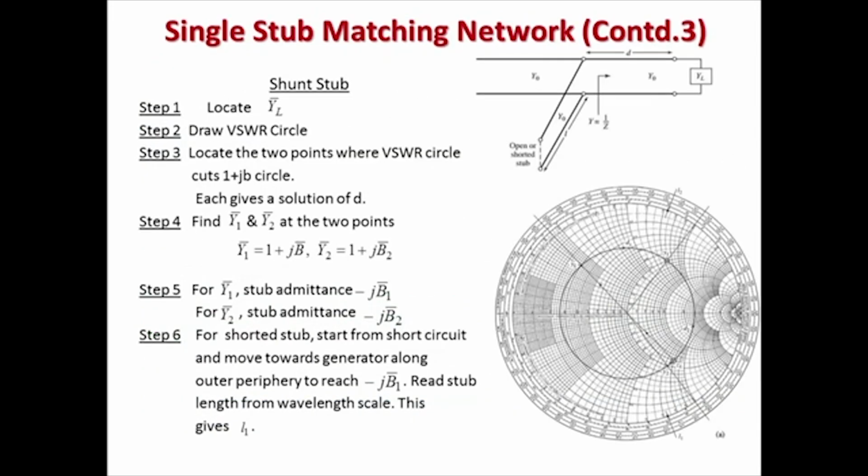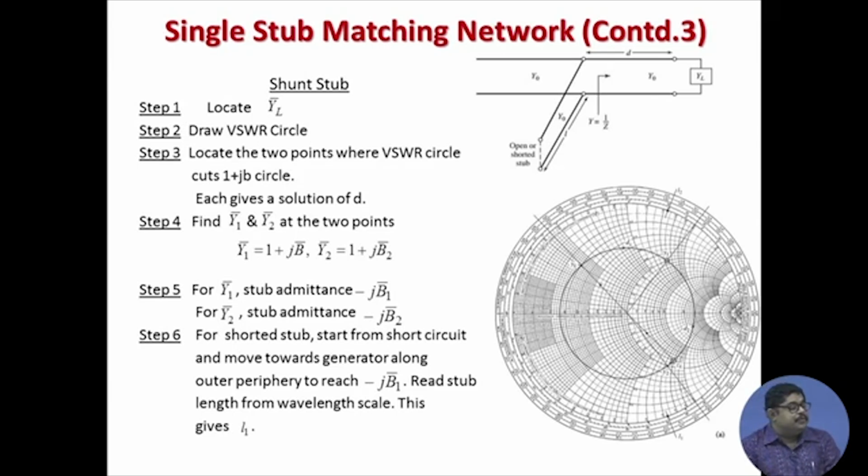So, here you can see this whole thing. The first step is to locate the YL bar point, draw the VSWR circle, locate the 2 points where the VSWR circle cuts the 1 plus jB circle, each gives a solution of D, take any one. Obviously, later we will see that you can find out from the frequency response.